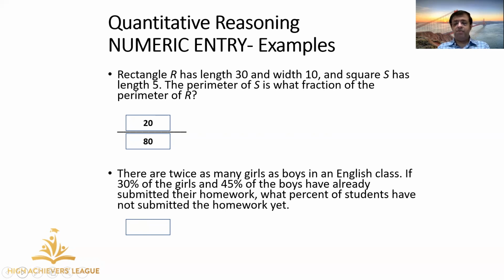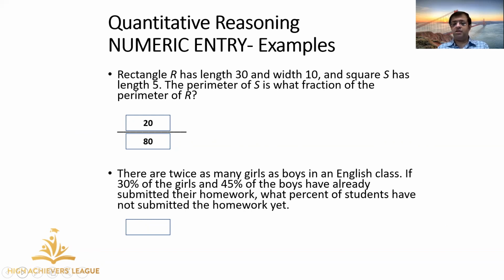But remember, we always need to look at the question very carefully. So the question says, what percent of students have not submitted the homework yet? Okay, so out of 300, if 105 students submitted their homework, how many of them did not submit their homework? 300 minus 105, which gives us 195. So now we know that 195 students did not submit their homework.